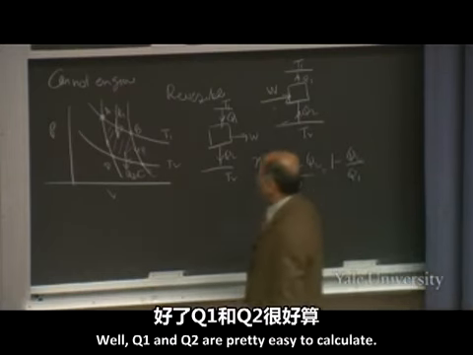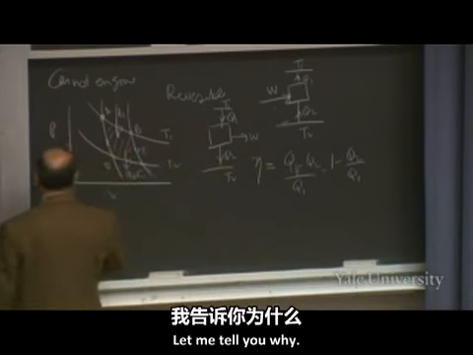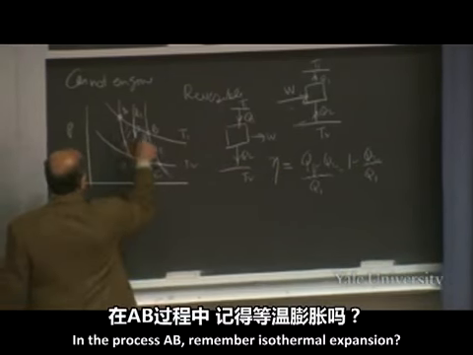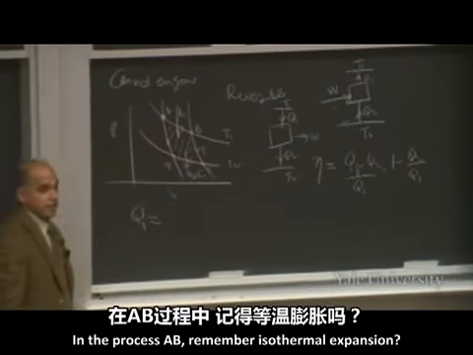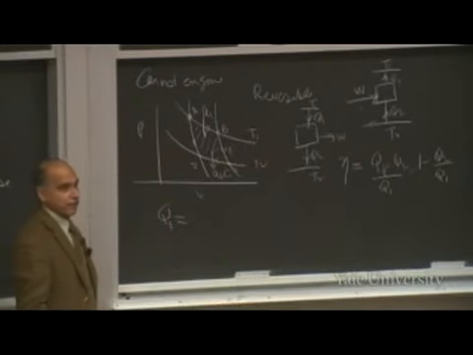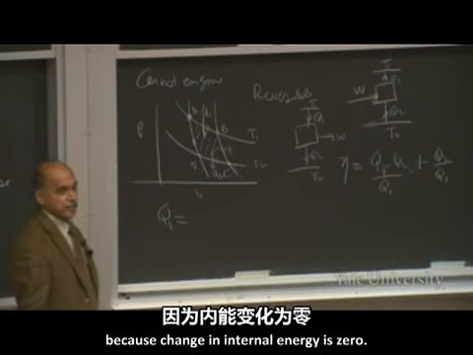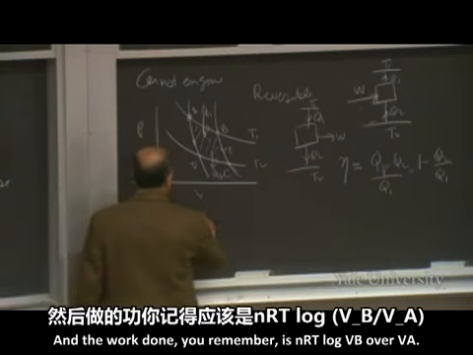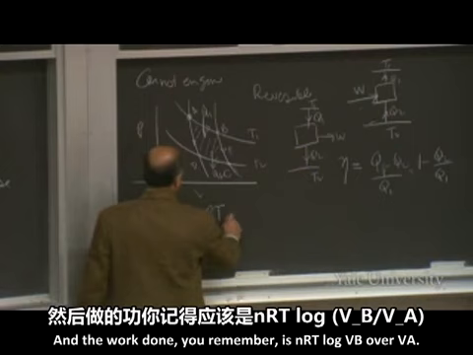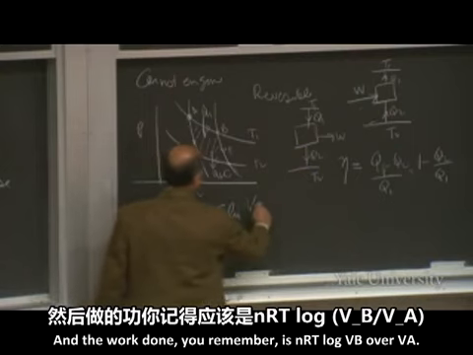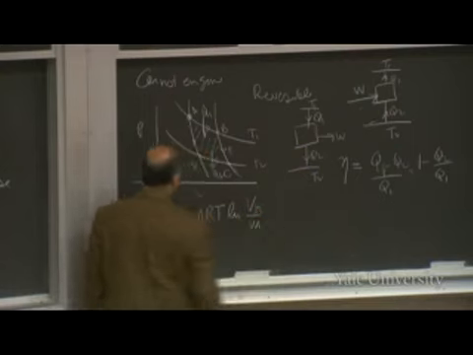Well, Q1 and Q2 are pretty easy to calculate. Let me tell you why. In the process AB, remember isothermal expansion, the heat input is the work done, because the change in internal energy is 0. And the work done, you remember, is nRT1 log VB over VA.